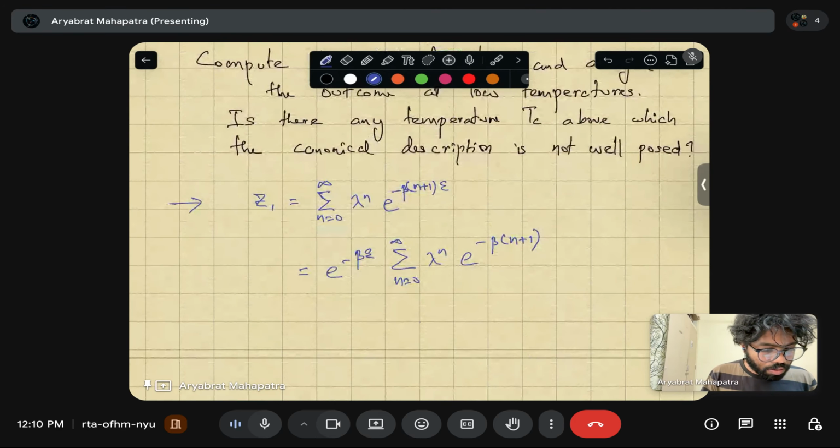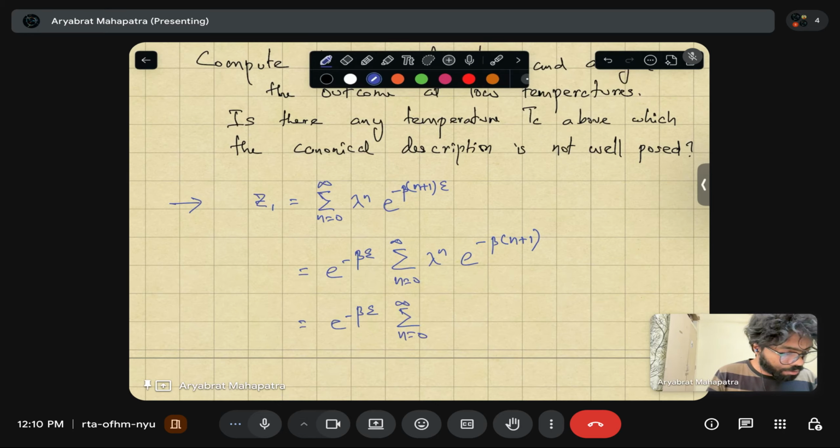So now what I can write here, this also I can write as exponential of minus beta epsilon, summation n going from 0 to infinity. This lambda^n I can also write in the form of exponential and log.